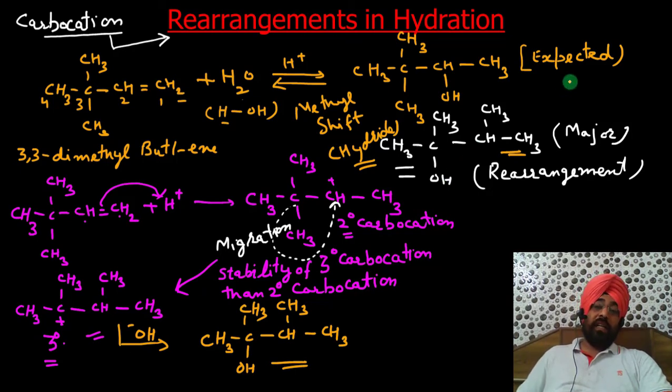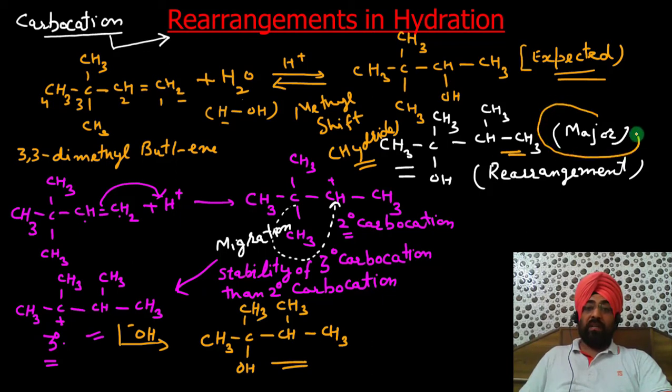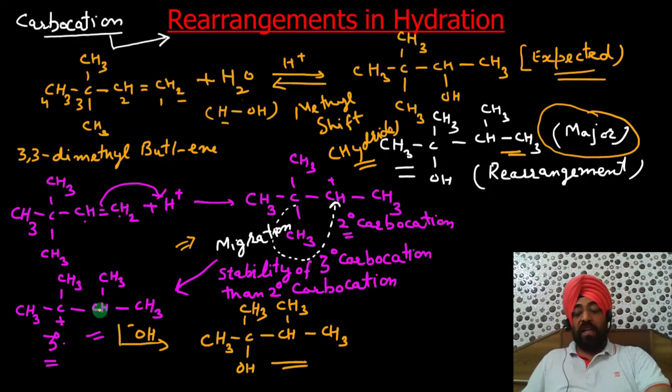In a hurry, we might have guessed this is the expected product by applying Markovnikov's rule, but in actual practice the major product is the one obtained by rearrangement, and the driving force for this rearrangement is the stability of the resulting carbocation obtained after rearrangement.